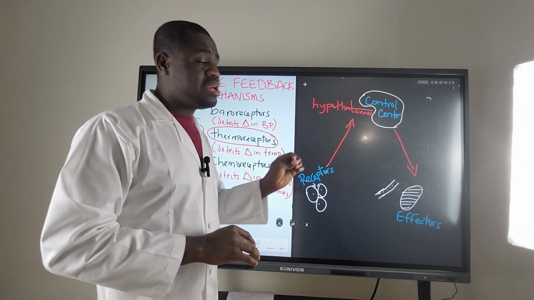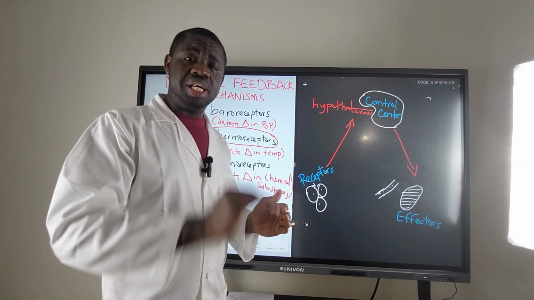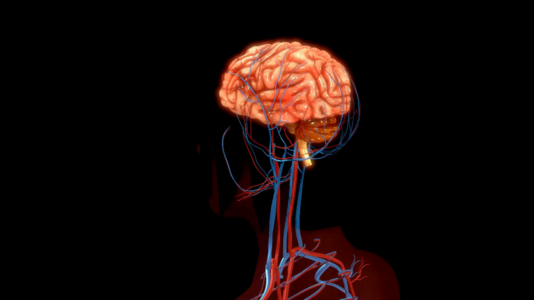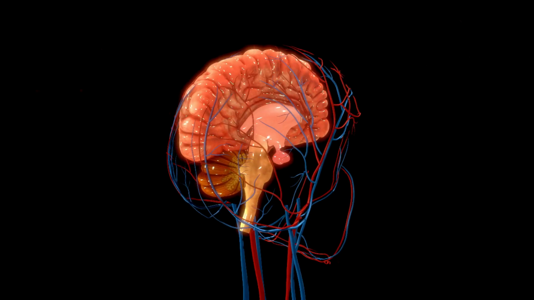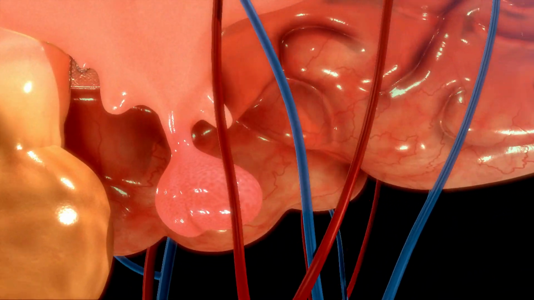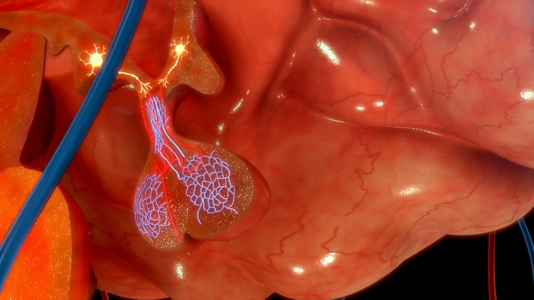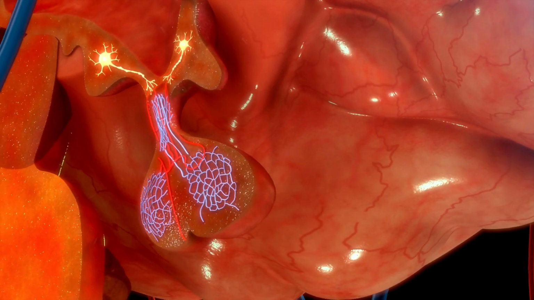So the hypothalamus, which is the control center, makes an order and sends the information about the order to the effectors.